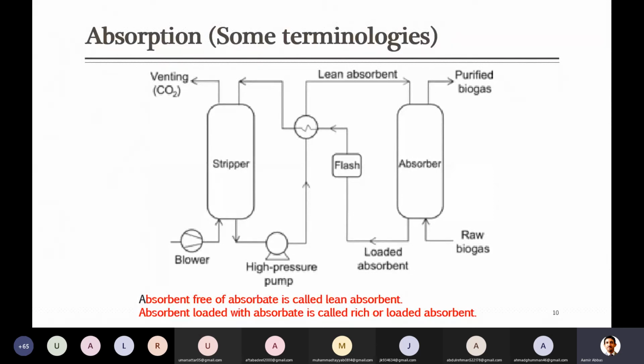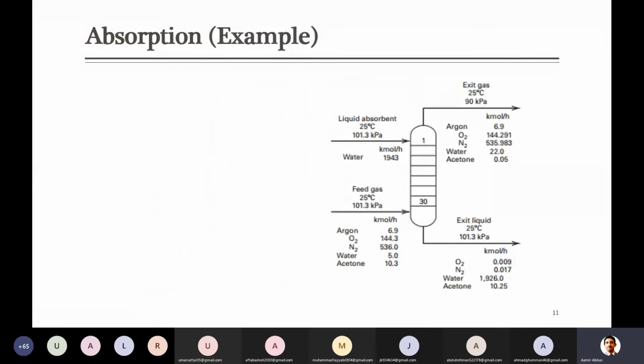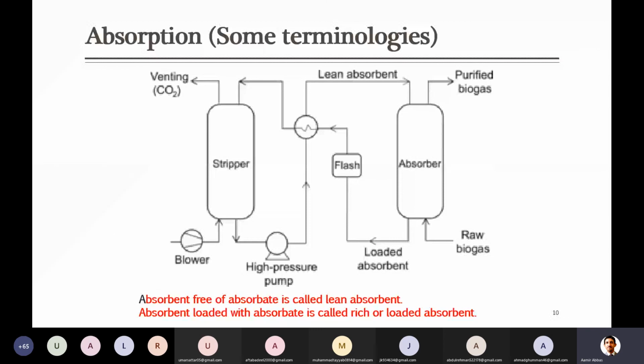While the other, leaving from the bottom, when it comes in contact with the gas, starts absorbing some components of the gas, and when it leaves from the bottom, it is called rich or loaded absorbent, loaded with the absorbate molecules. So this is an example of a system in which you can regenerate the liquid and reuse it.